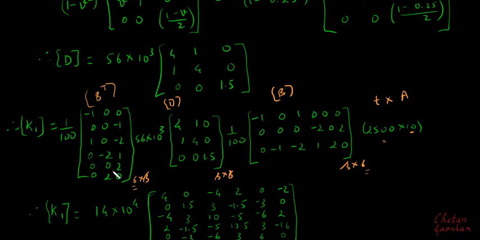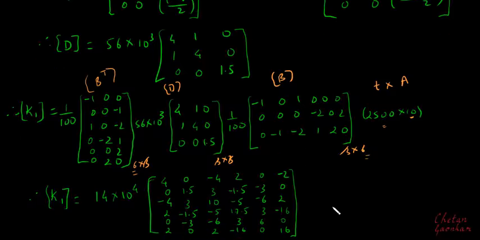Then you can go on multiplying this with this matrix, because since this is 6 by 3 and this is 3 by 3, you will get the multiplication of these two matrices as 6 by 3. Then you can multiply that 6 by 3 matrix with this 3 by 6 matrix, and finally you should get a 6 by 6 matrix. So this is the stiffness matrix for element 1.